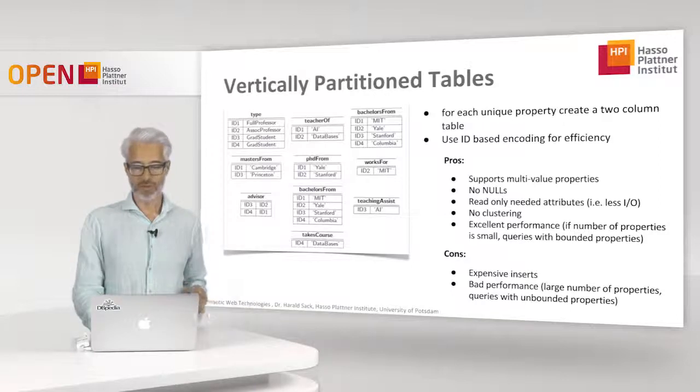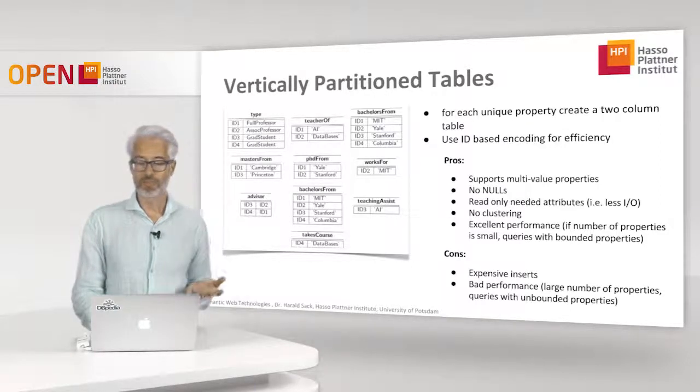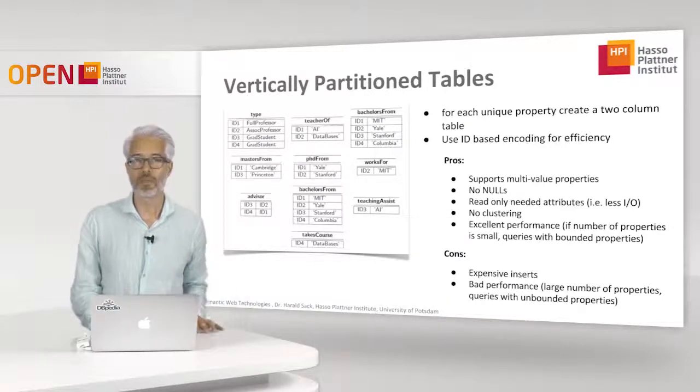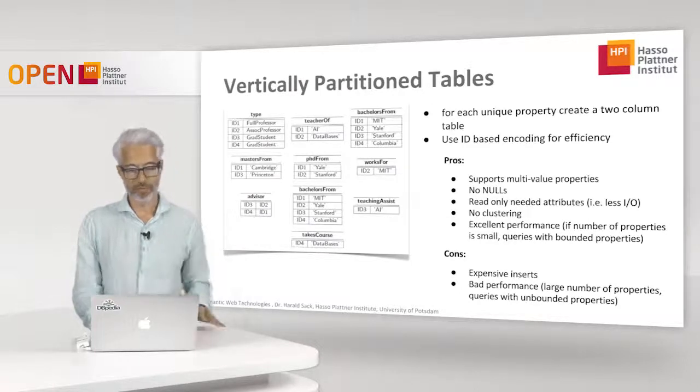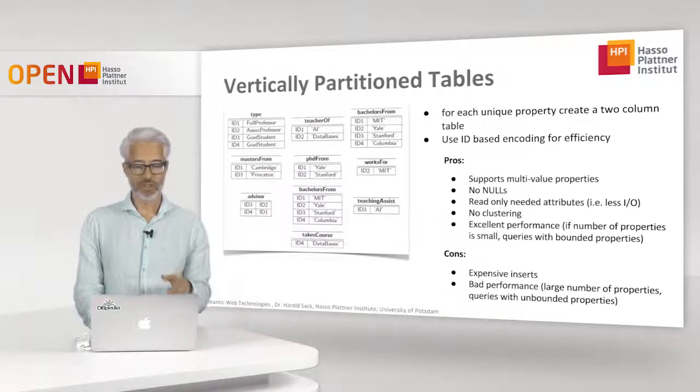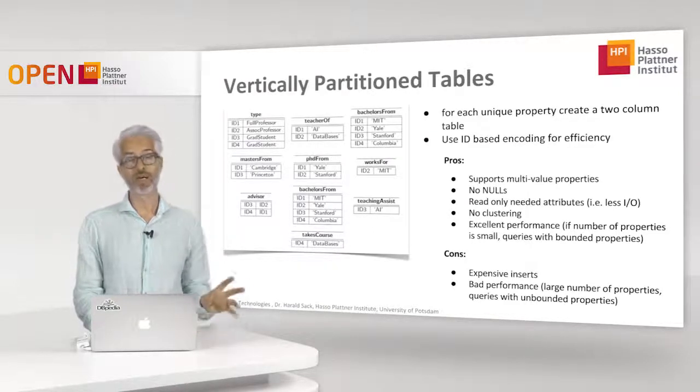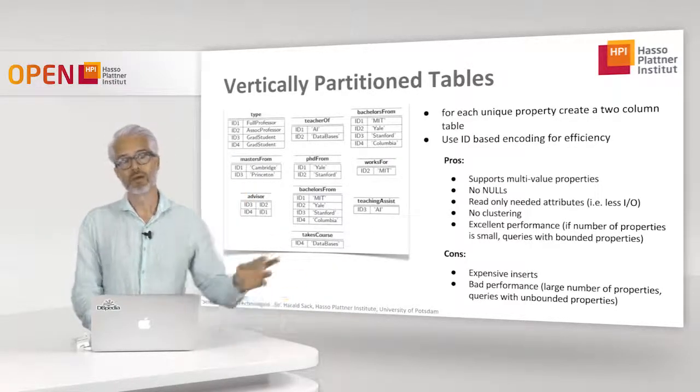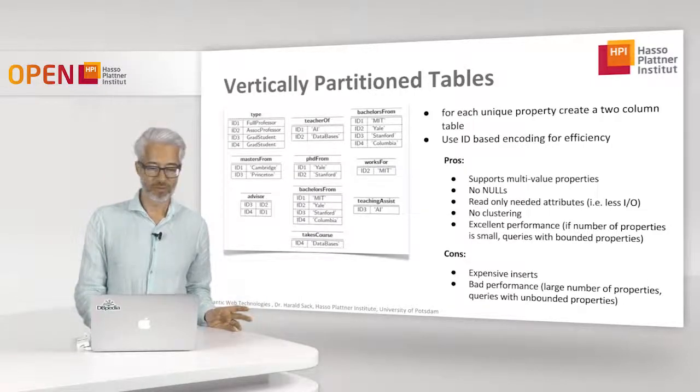So here you see for each single and each unique property we create a two-column table. So for example for the type property, for the teacher of property, or for bachelors from property, we have a unique table which combines the IDs of a professor or a student with the according object.